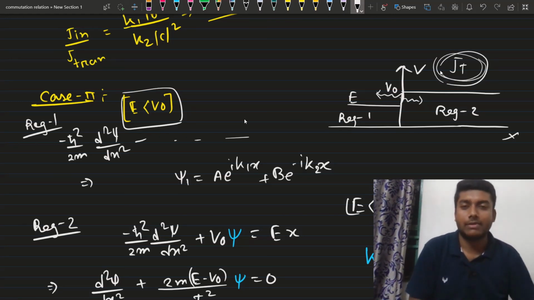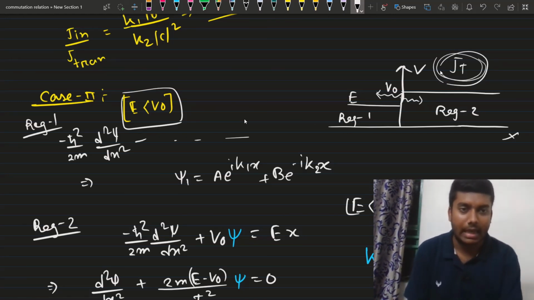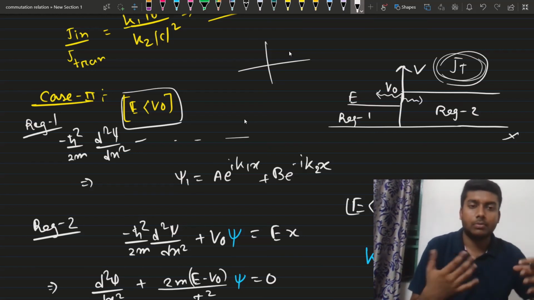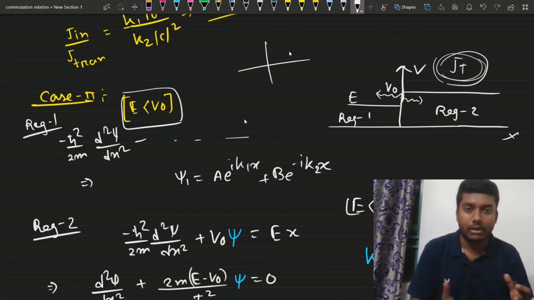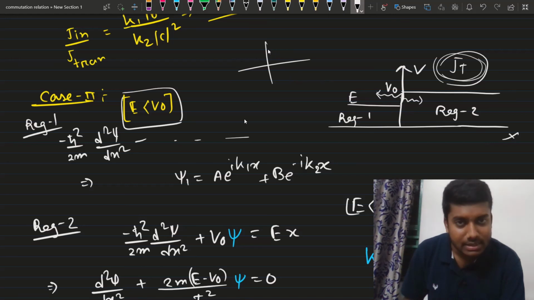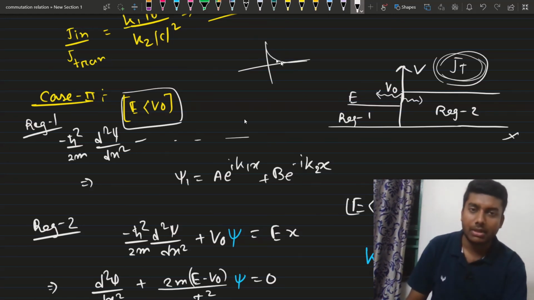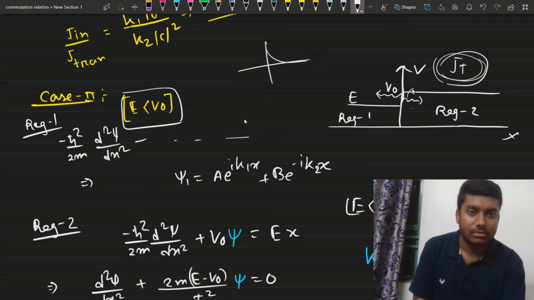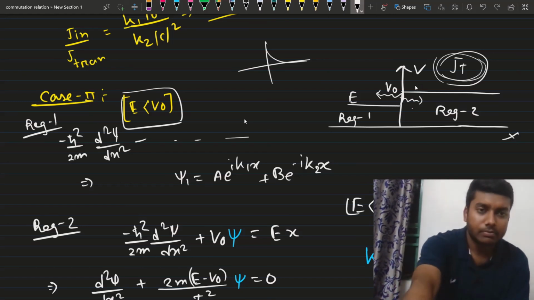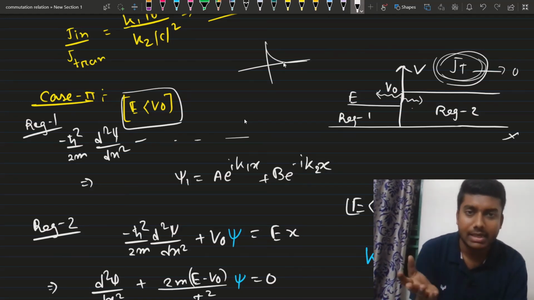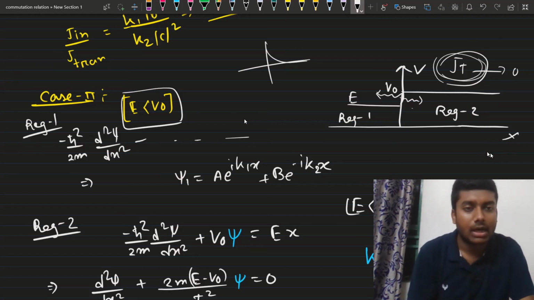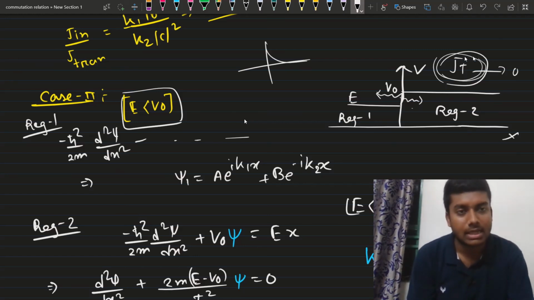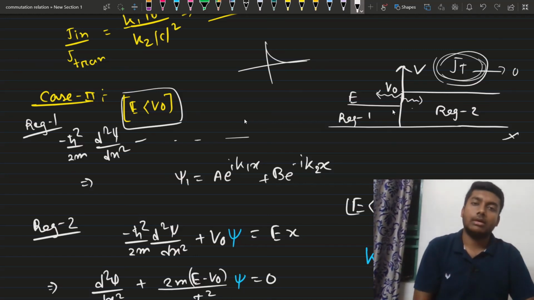Now there is a very important and conceptual thing: if you draw the probability density, the probability of finding the particle in region 2, there will be some probability, a decaying term. But j is equal to 0 here, so why can we find some wave in this region, as j comes out to be 0? Still we can find the wave in this region.